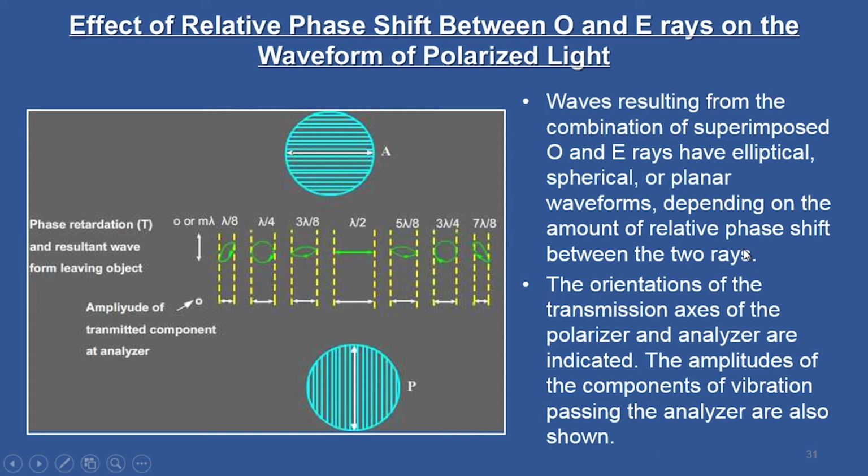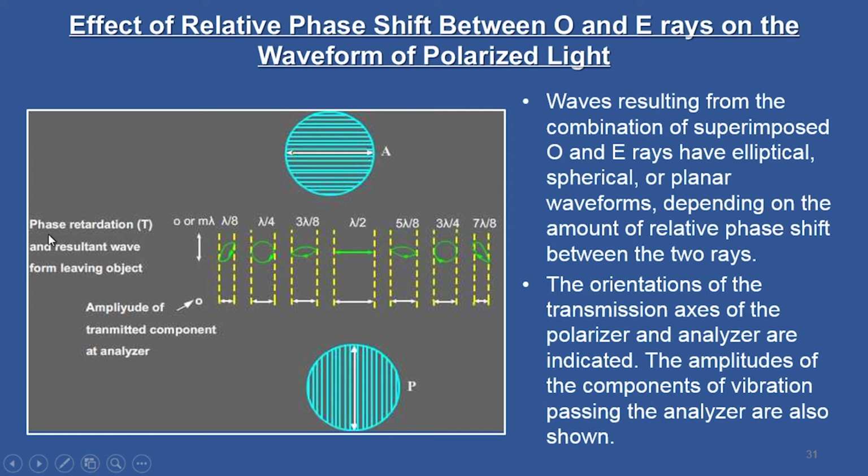What I have just shown in the previous schematic clearly shows that, depending upon the relative phase shifts, you can have elliptically polarized light like we have seen in the animation, but you can also have spherical and circular waveforms. That is what is summarized in this slide.